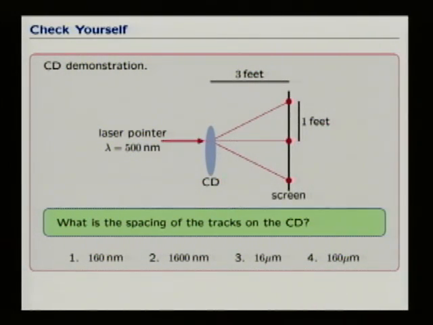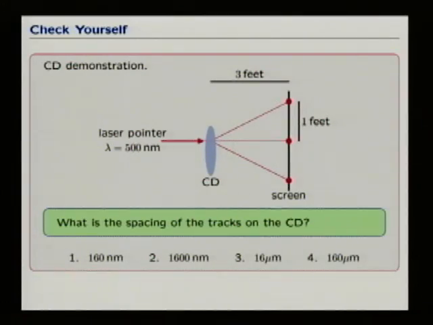The information on a CD is written spirally. That's the reason there's an apparent color. I just measured the pitch. How far apart are the tracks? So take the data, right? If I'm 3 feet away from the screen, the dots are separated by 1 foot, and figure out how closely spaced the tracks are on a CD.